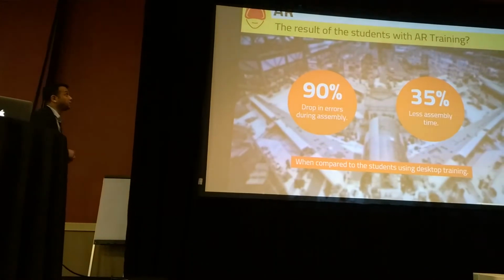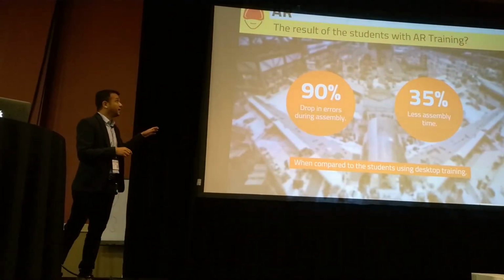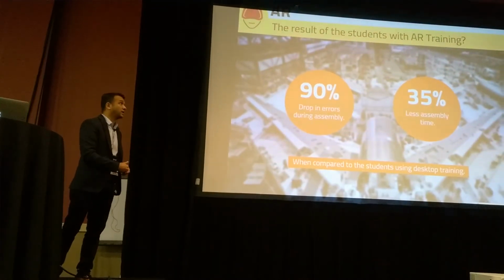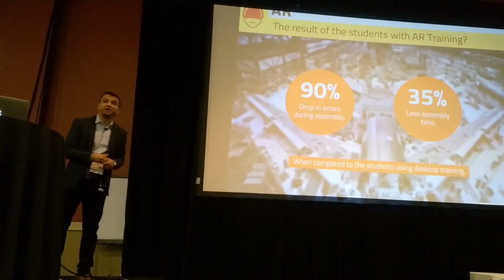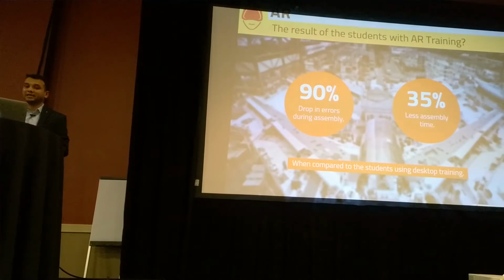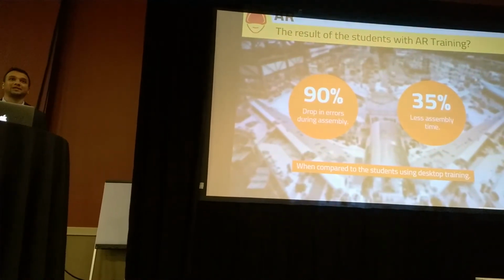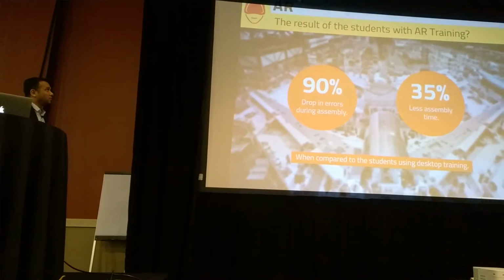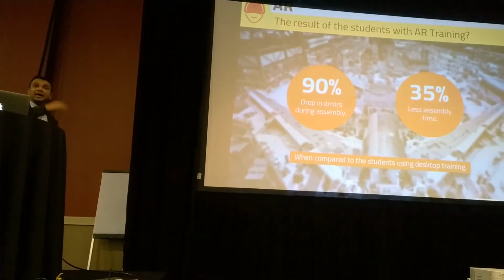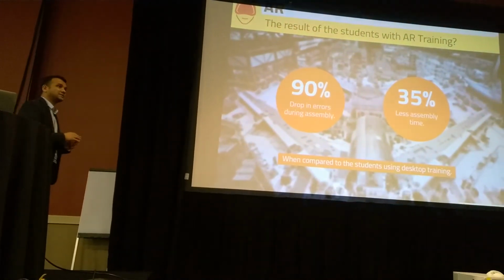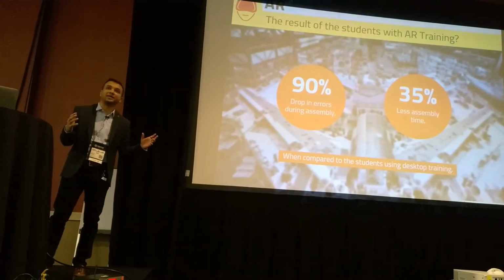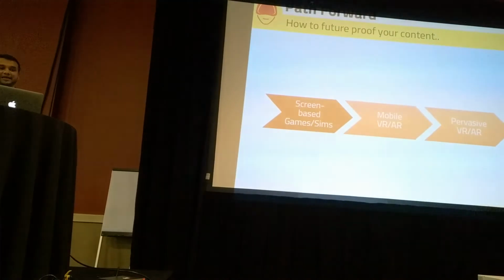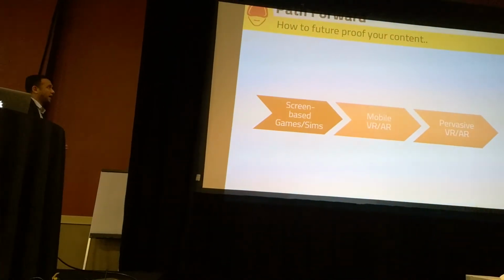The people who used AR training had a 90% drop in actual assembly work errors and 35% better efficiency in their assembly line time when compared to people using desktop-based training. So we can really see the level up in training from simple computer-based, web-based training to AR and VR-based training with statistics like this. What is the path forward?